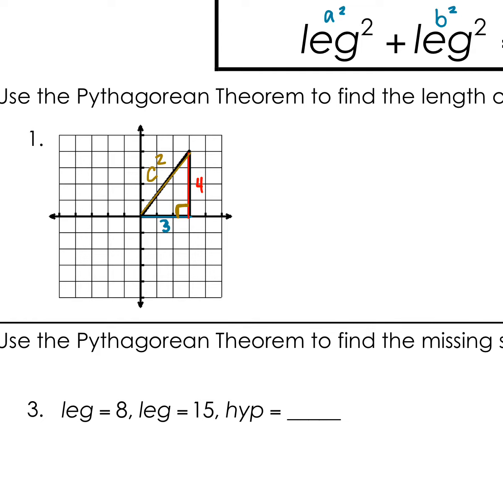So let's use our Pythagorean theorem. a squared plus b squared equals c squared. We're going to substitute the numbers we know. 3 squared plus 4 squared equals our unknown c squared. 3 squared is 9. 4 squared is 16.